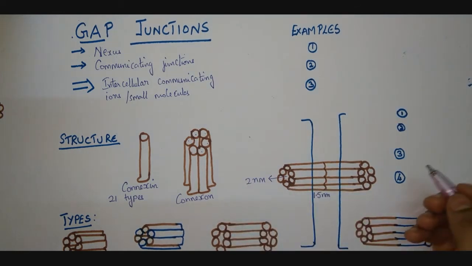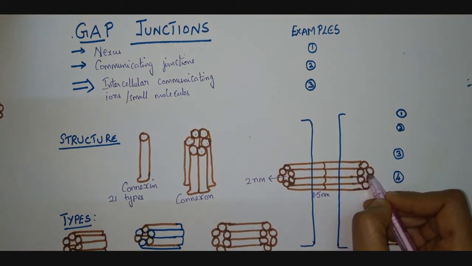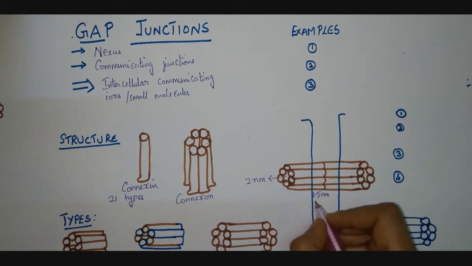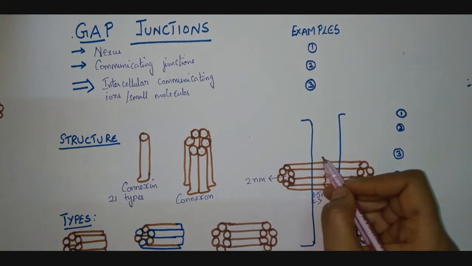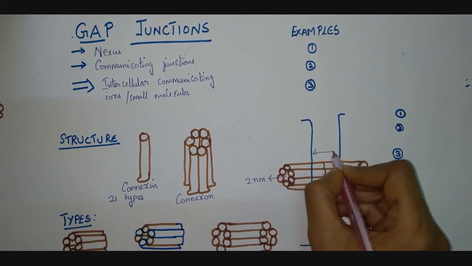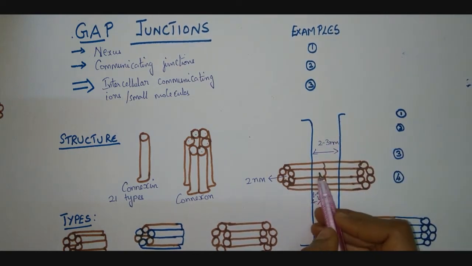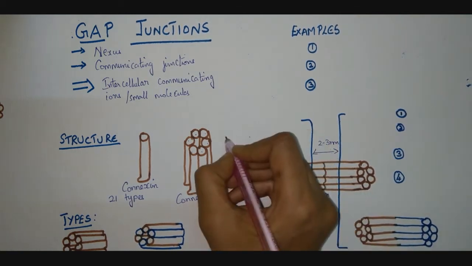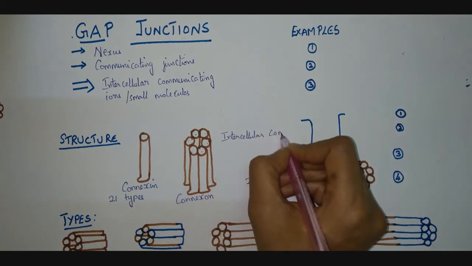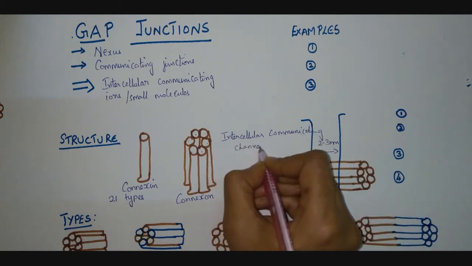Similarly, in the adjacent cell, six connexins together form a connexon extending across the plasma membrane into the intercellular space. Together, the cleft between the cells is approximately 2 to 3 nanometer. Two such connexons meet in the intercellular space and form an intercellular communicating channel, that is the gap junction.